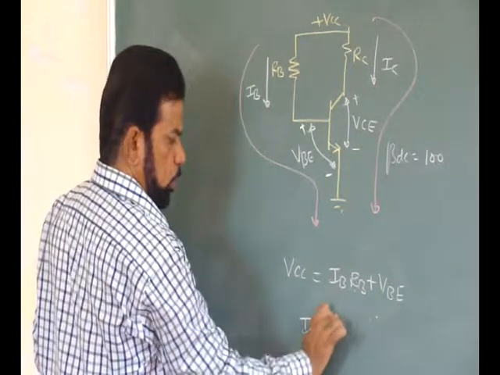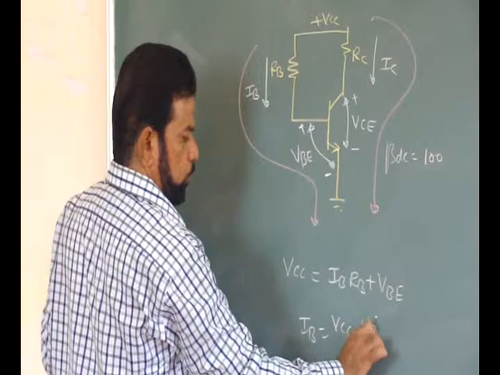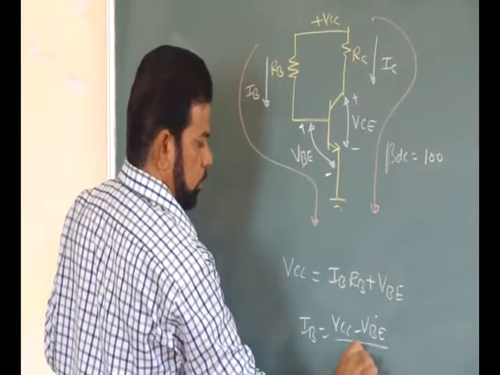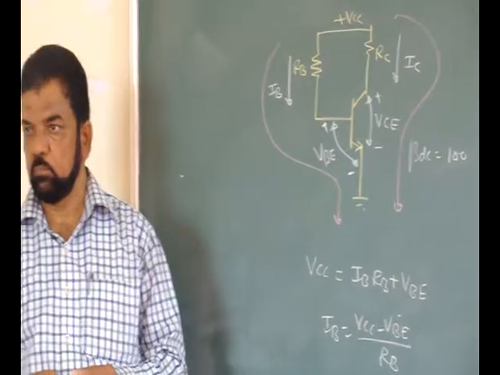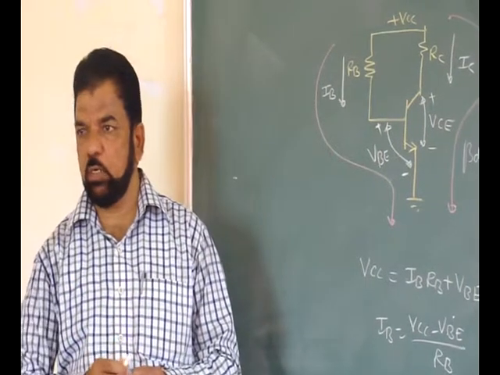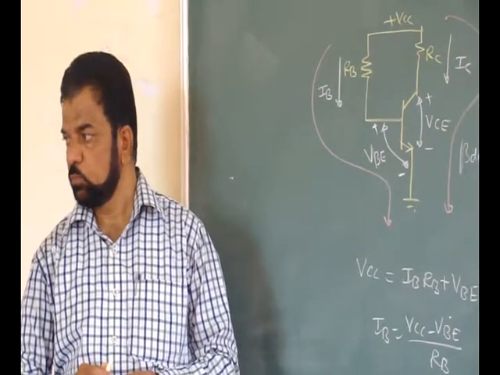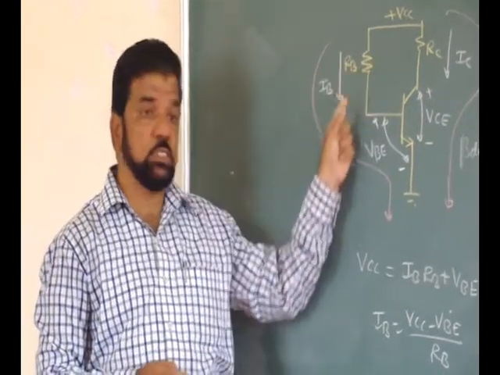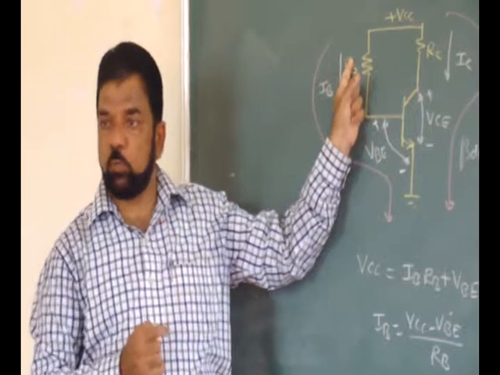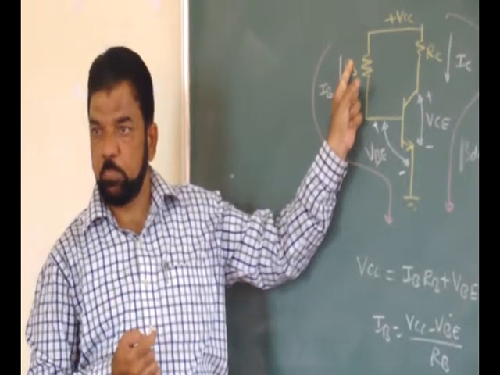IB is equal to VCC minus VBE divided by RB. Straight away just the KVL, nothing more. It is called fixed bias because once you fix this resistance value, you can fix the operating condition.